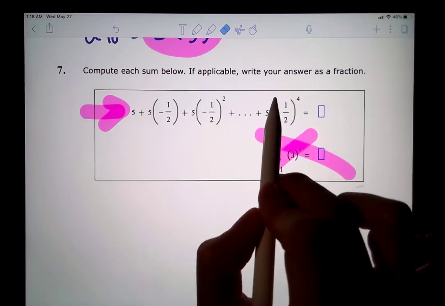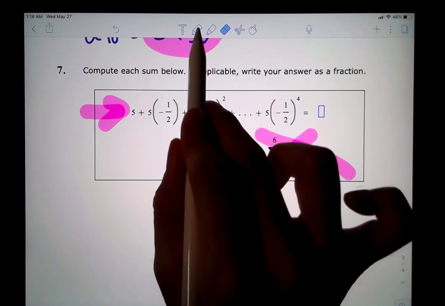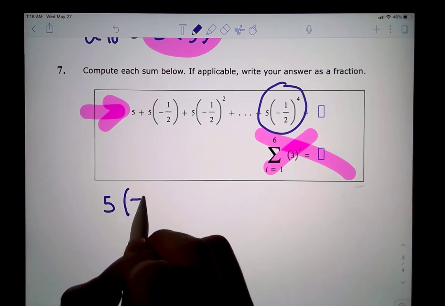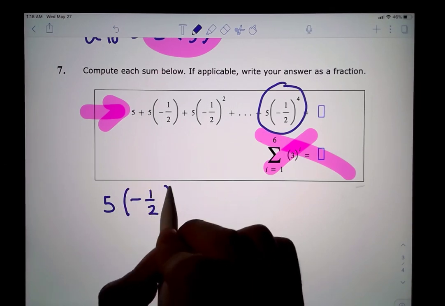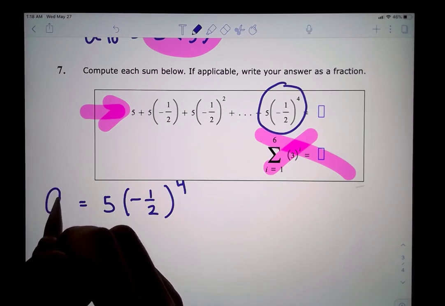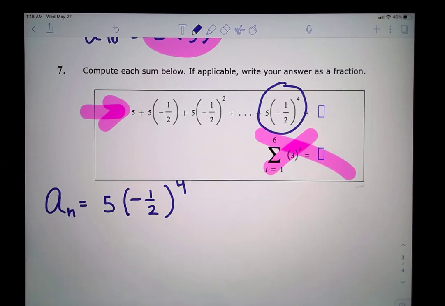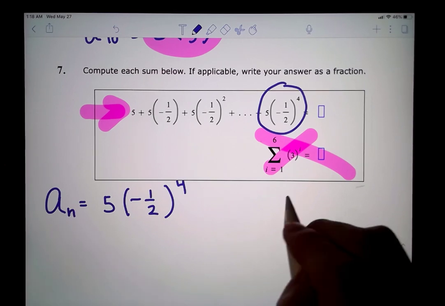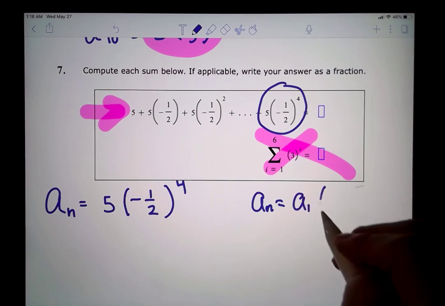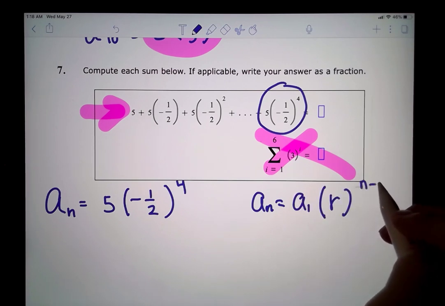Let's do this. Just look at the final term, the last one. I'm going to bring it here to the 4th power. Then think about your explicit form: a_n equals a1 times r to the n minus 1.